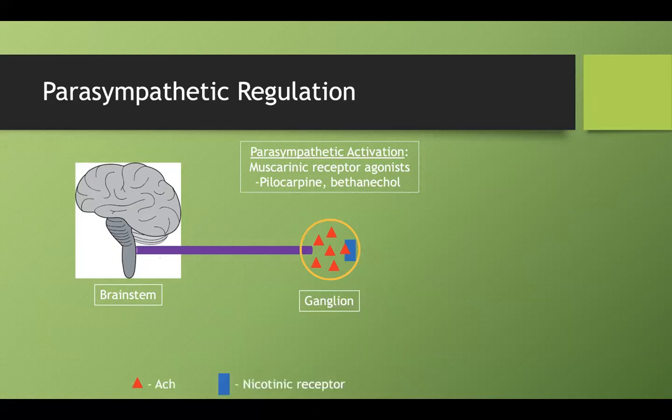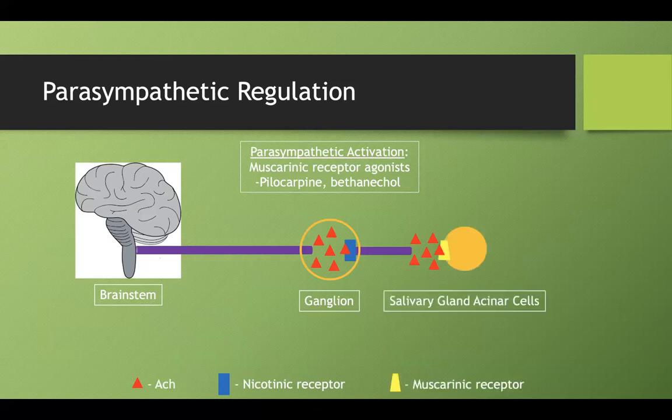That acetylcholine will bind to what's called a nicotinic receptor. Once it's activated, it can send a signal down the postganglionic fiber. At the end of the postganglionic fiber, again, acetylcholine is released. But this time, on the effector organ, like the salivary gland, you're going to have a muscarinic receptor, okay?